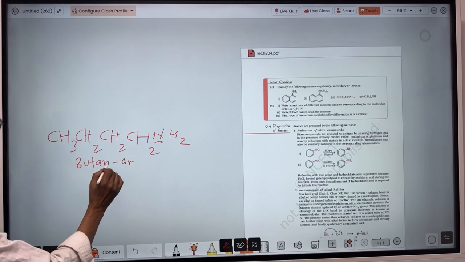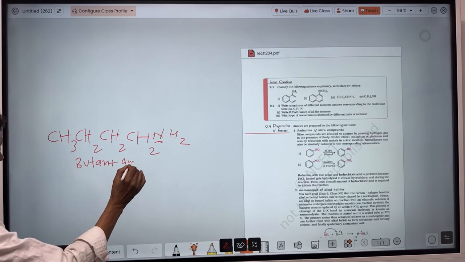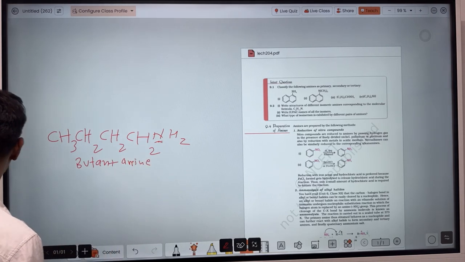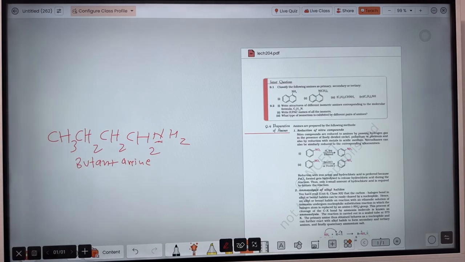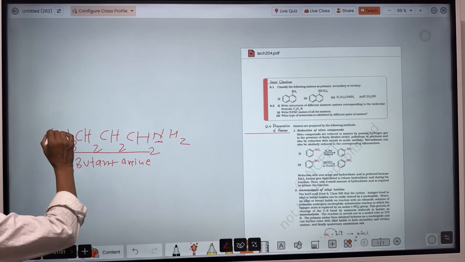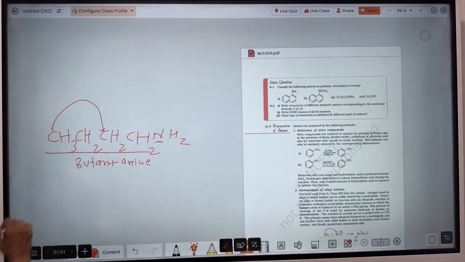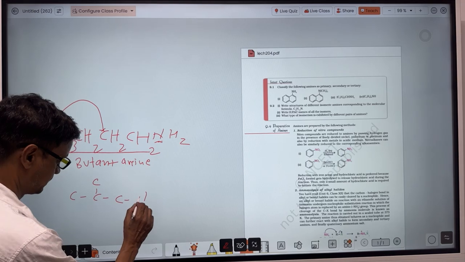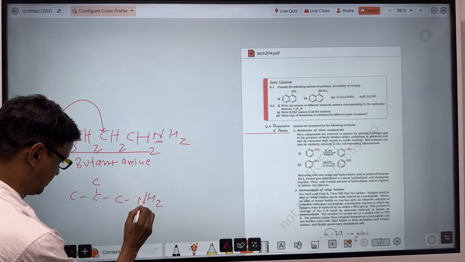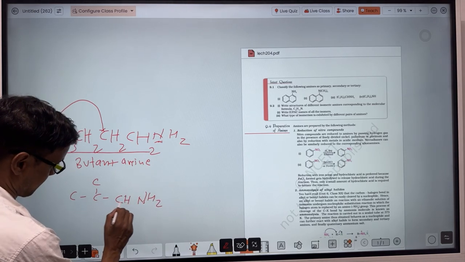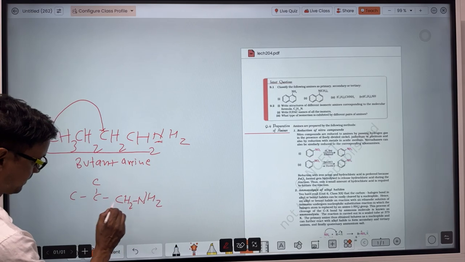So butane, amine, butan-1-amine. That you can write. Okay. Same way here. In the benzene, you can take one methyl group from here and attach it to this carbon. Then the structure will be, so the main chain will be of 3 carbons, and at this carbon one methyl group will be there, and here an NH2. Now maintain the valency.